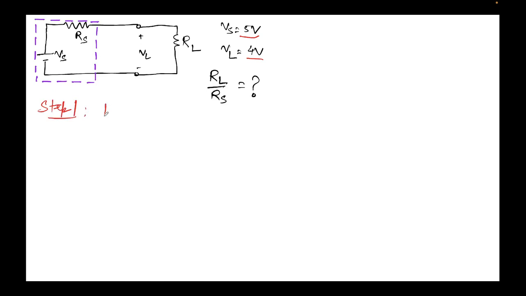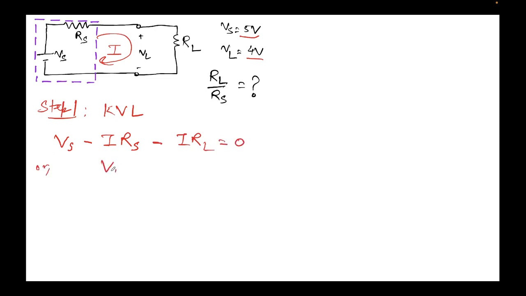let's apply Kirchhoff's voltage law in the given loop, and we'll assume that a current I is flowing throughout the loop. Writing KVL, I can say that Vs minus I Rs minus I RL equal to 0.